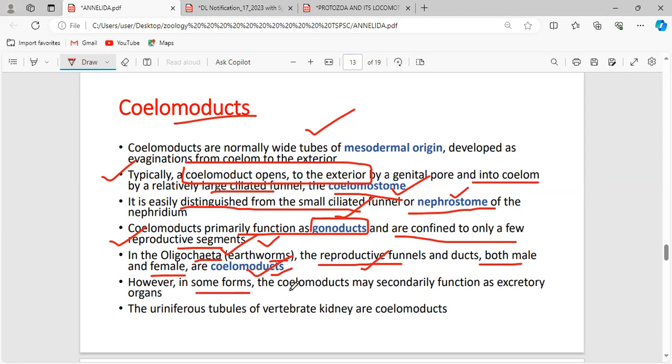However, in some forms, the coelomoducts may secondarily function as excretory organs also. So you should know that the nephridia, peritoneal tissue, coelomoducts, and chloragogen cells all have a function as excretory organs. You should know that, so the coelomoducts also do some of the function in excretion.